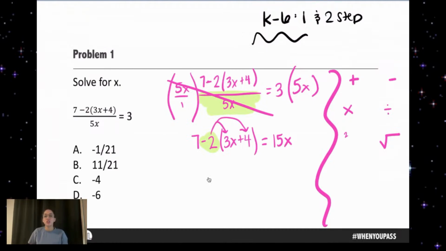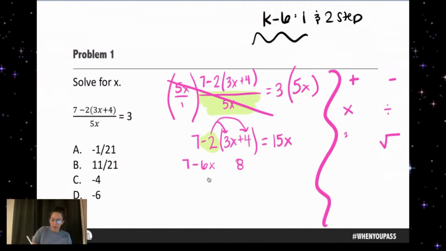It's 7 minus 2, and that minus 2 gets distributed. There are a lot of mistakes people can make in a multi-step problem like this, but one of the biggest is they're going to say 7 minus 6x plus 8, and they're not going to realize that the negative distributes all the way through. So negative 2 times positive 4 is negative 8.